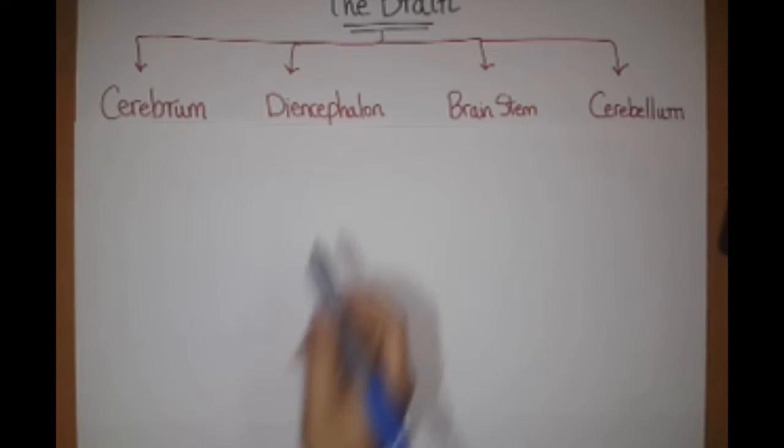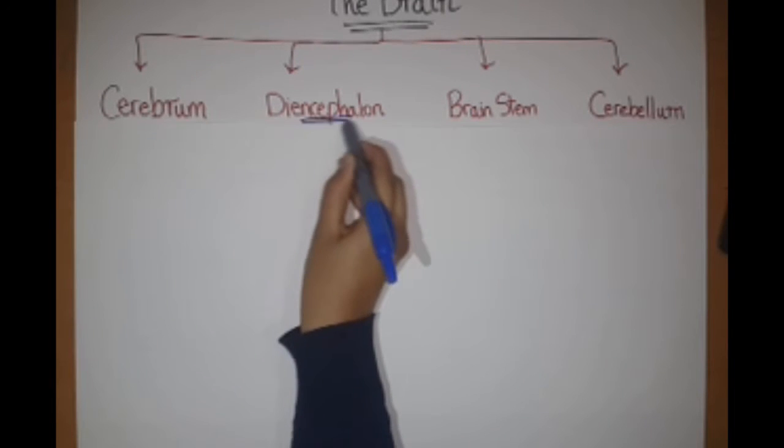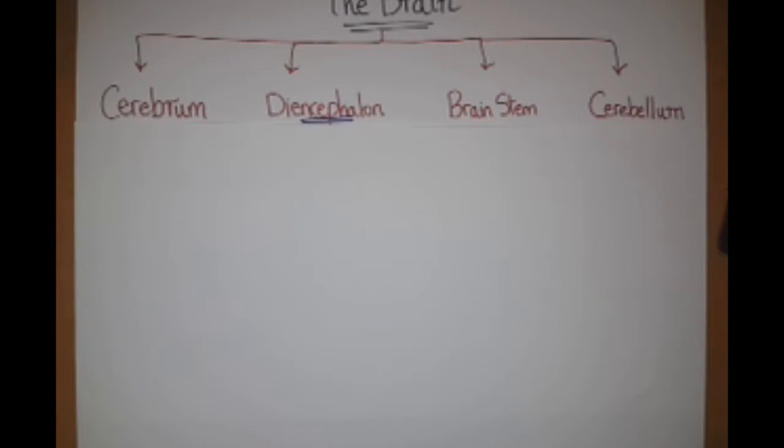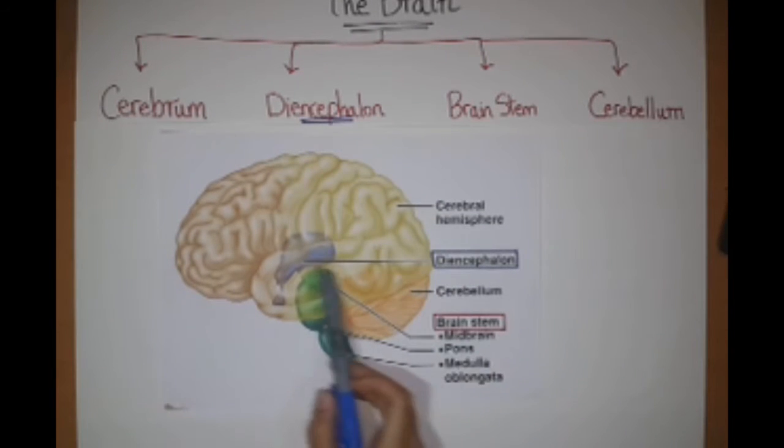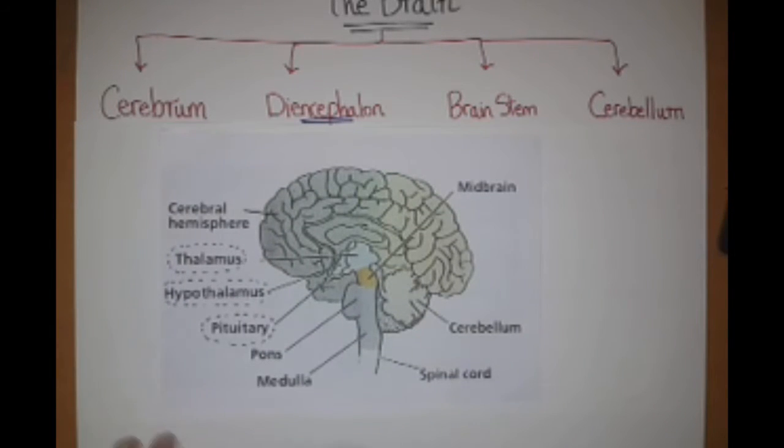And now that we have finished the cerebrum, let's move on to the diencephalon. As you can observe in this picture, the diencephalon represents the center of the brain and involves many things, such as the limbic system that we will discuss later in the course. The diencephalon mainly consists of 3 things: the thalamus, the hypothalamus, and the pituitary.